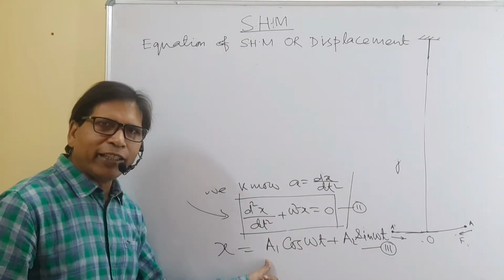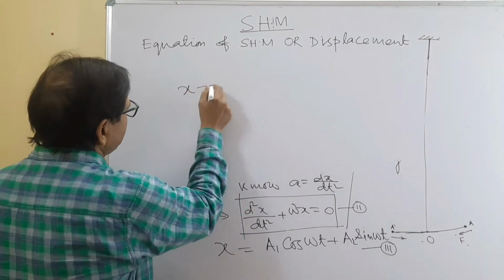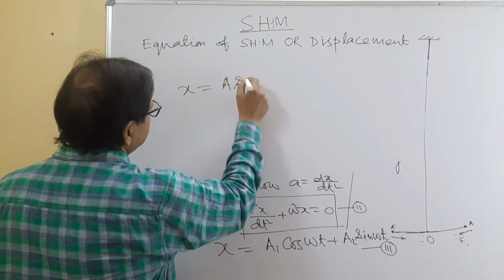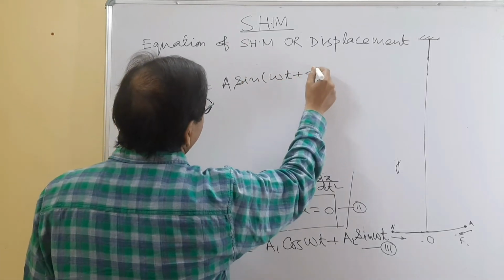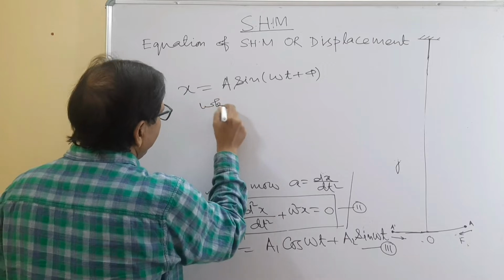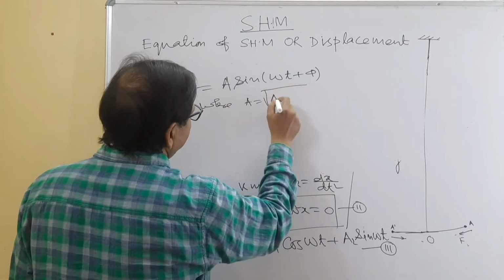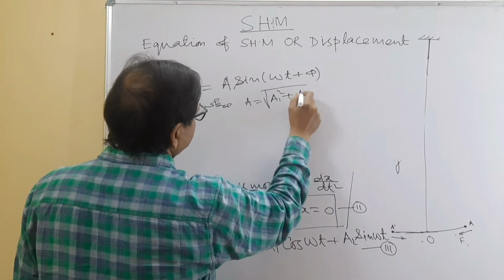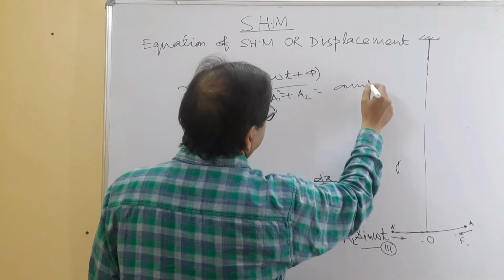Now this equation is converted to x equals A sin(omega t plus phi), where capital A equals root under a1 square plus a2 square, called the amplitude of SHM.